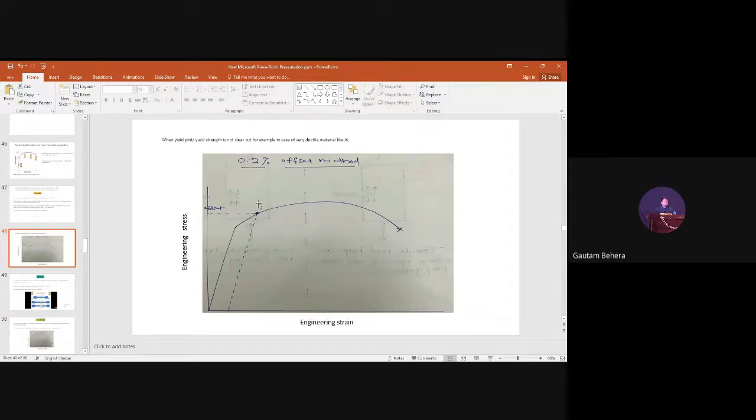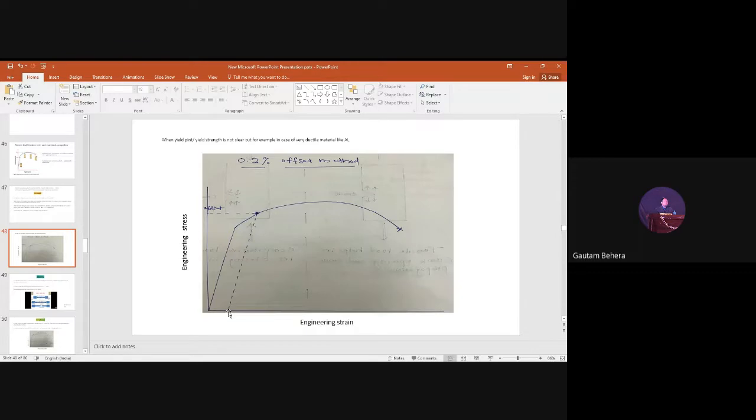So what you need to do is the 0.2% offset method. What is that exactly? You understand, it's a strain axis. From 0 strain to 0.2% strain, you reach here. Suppose this is the 0.2% strain, from 0 to this one.